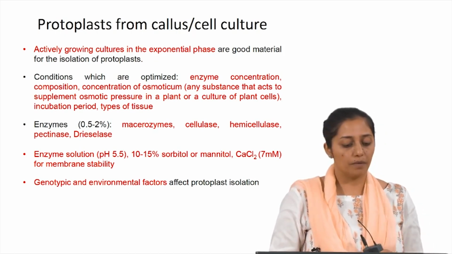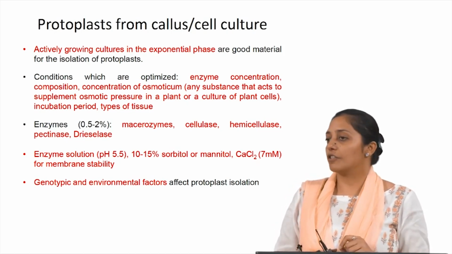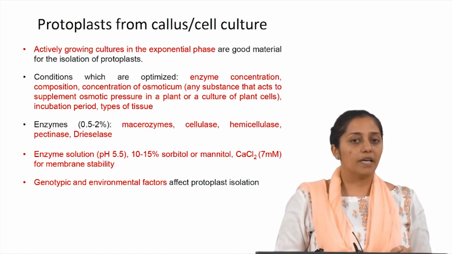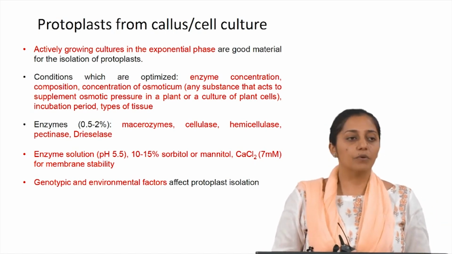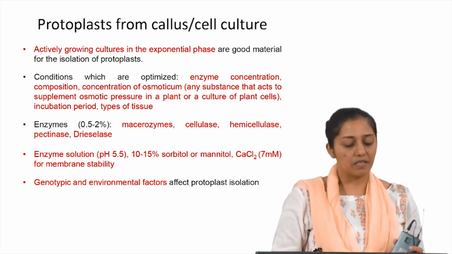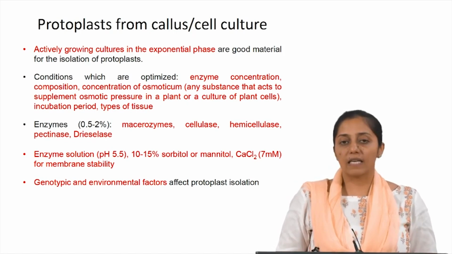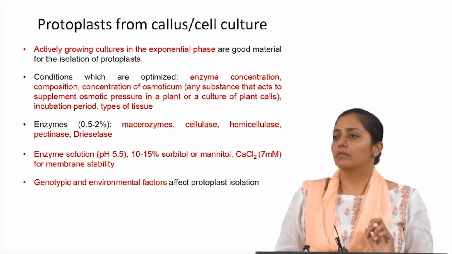The enzymes generally used are in the concentration range of 0.5 to 2%, where macerozyme is a mixture of these kinds of enzymes, or separately you can use cellulase, pectinase, hemicellulase and other enzyme mixes like driselase. So enzyme solution, and sorbitol, mannitol, what is the purpose?